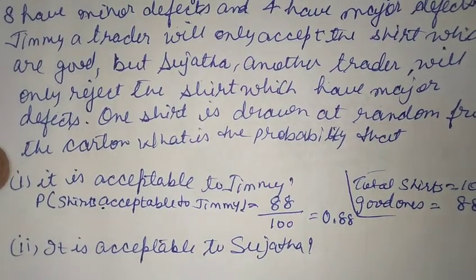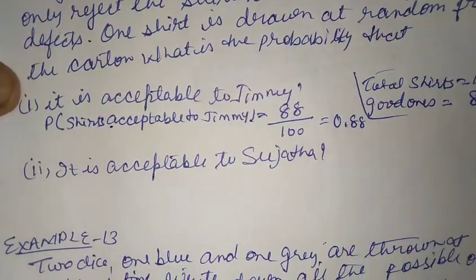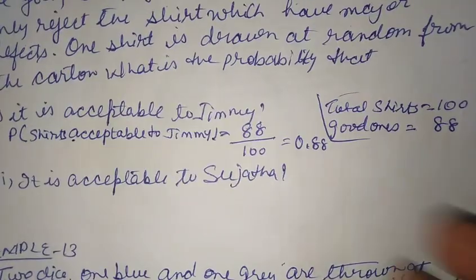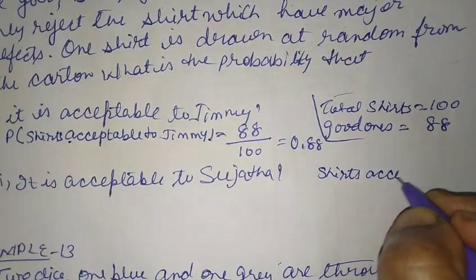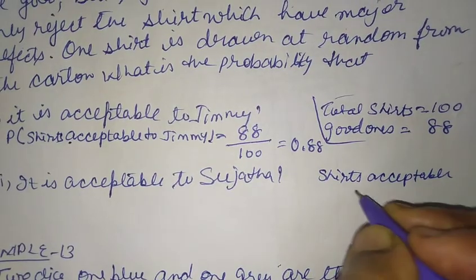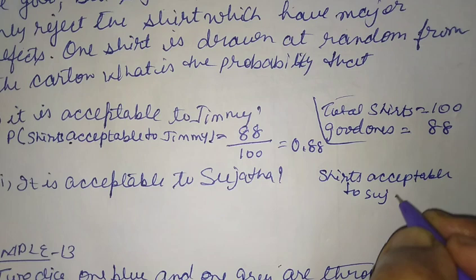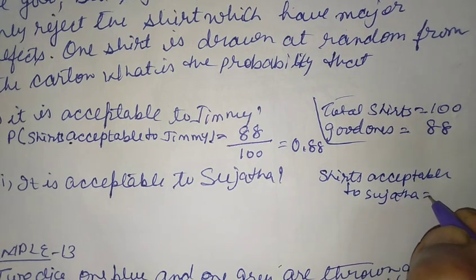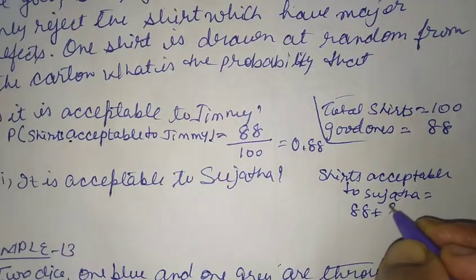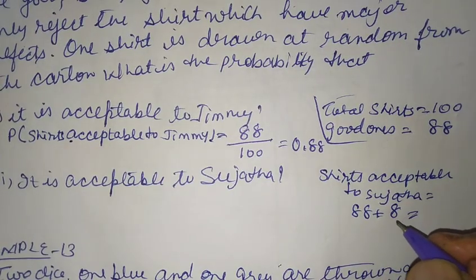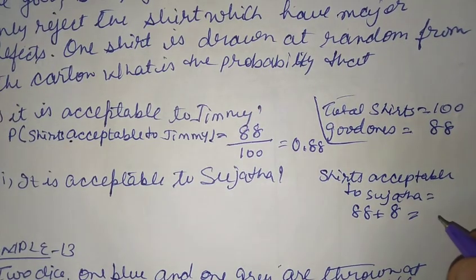Now let us go to its second part, the probability that it is acceptable to Sujata. So the shirts acceptable to Sujata are the shirts which are good ones, and the ones which have minor defects, as she is going to reject only those that have major defects.